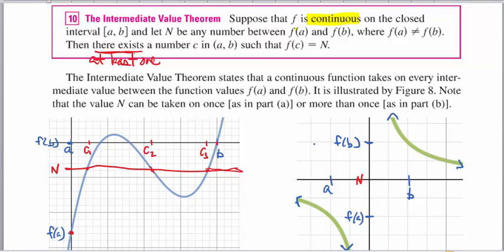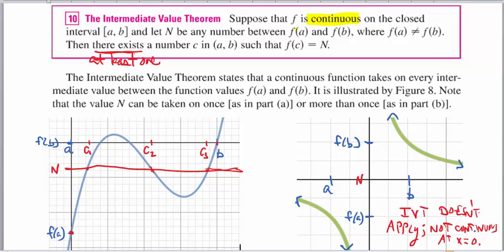And the reason that there isn't is because this is not a continuous function. Right? So there's no c value between a and b that makes f of c equal to 0 in this case, because the intermediate value theorem doesn't apply, because it's not continuous at x equals 0.